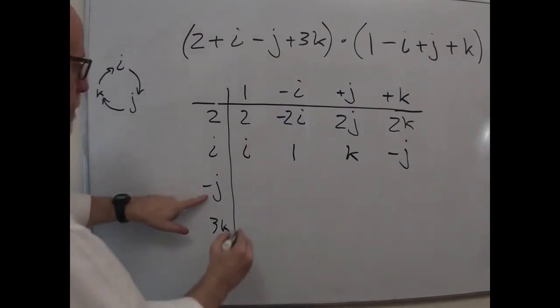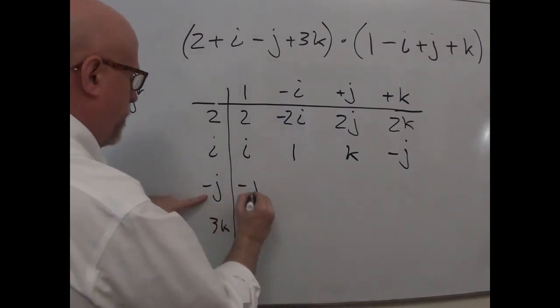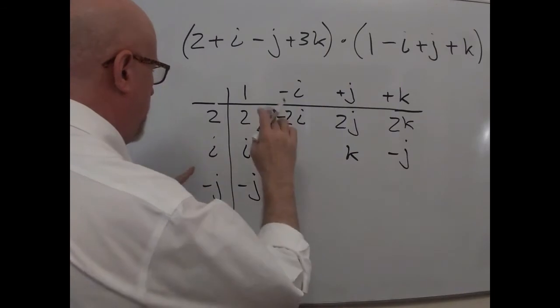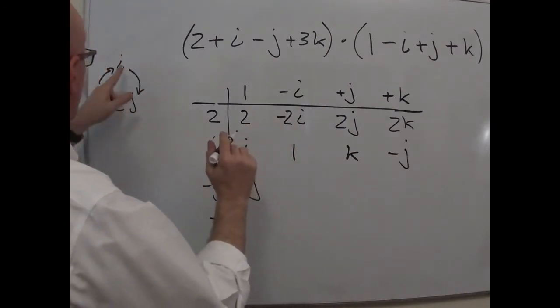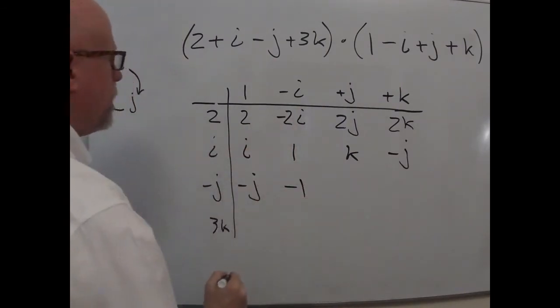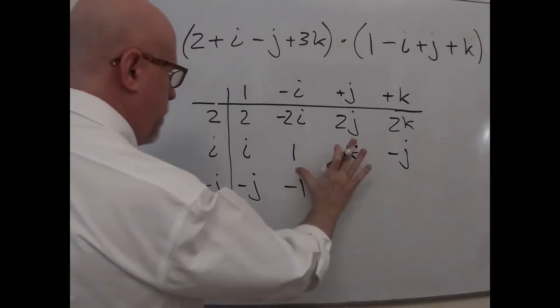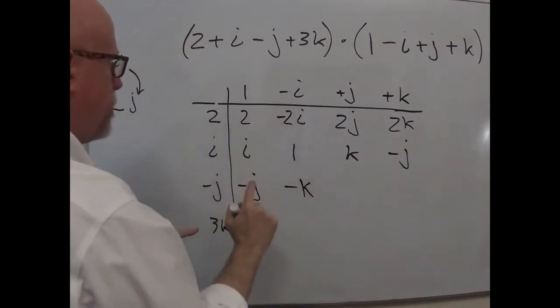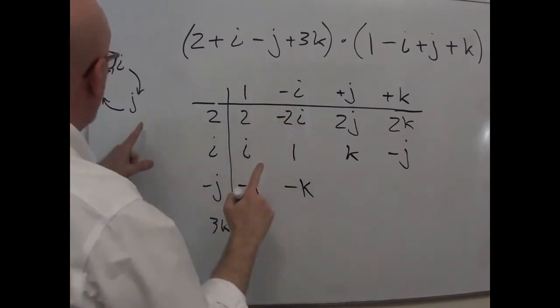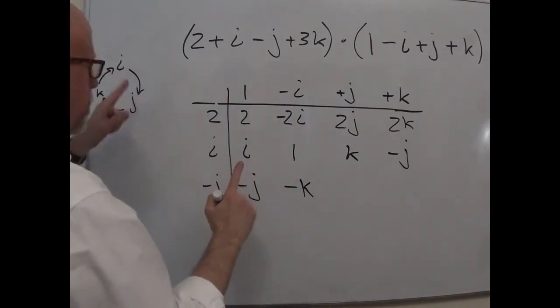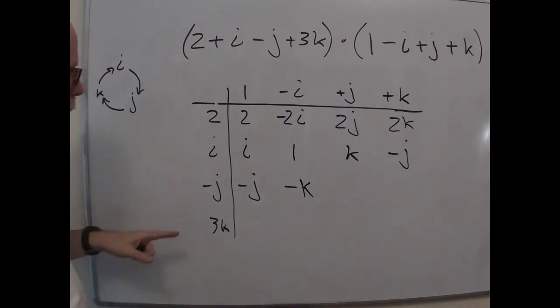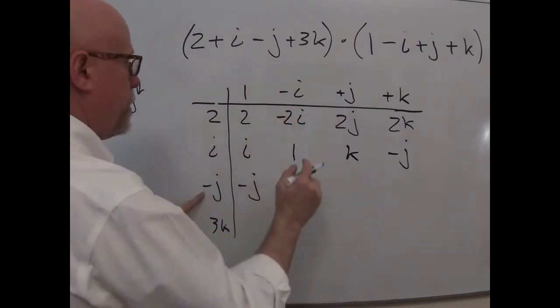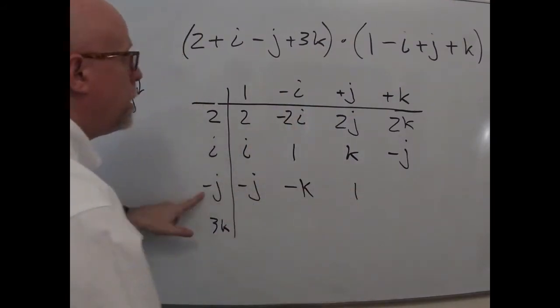All right, I'm going to just fill it out quickly for the rest of it. Minus j times i, that's minus k, excuse me. Plus sign, because those things cancel. j times i is going, yeah, minus k. All right, minus j times plus j, that's 1.